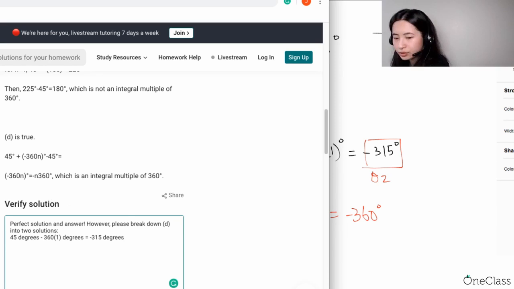Okay, so we had negative 315 degrees, and then the next step would be to have negative, actually 45, sorry. Negative 315 degrees, and then we had minus 45 degrees.